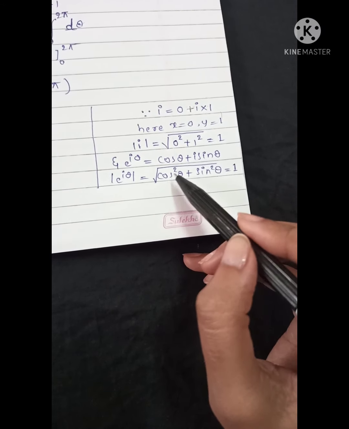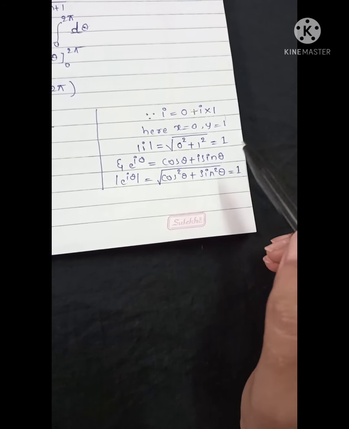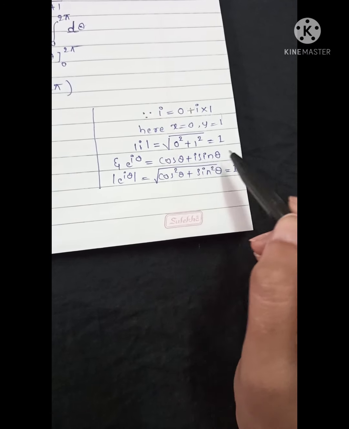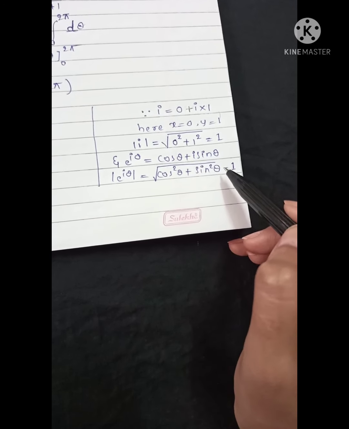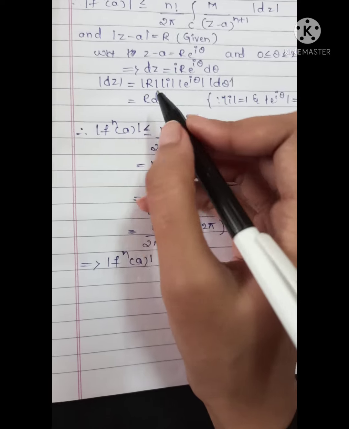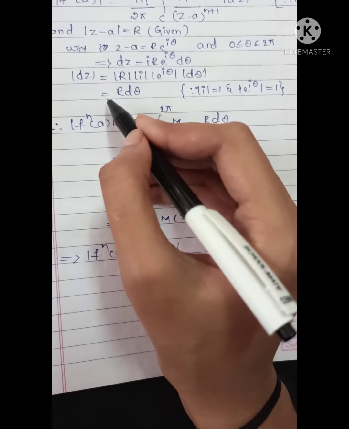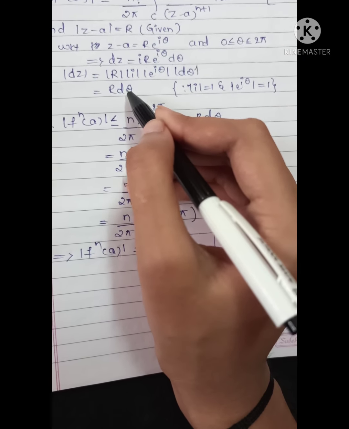We know that cos square theta plus sin square theta is 1, therefore the square root of 1 is equal to 1. Therefore the absolute value of dz is r into d theta.